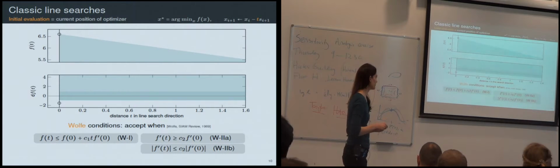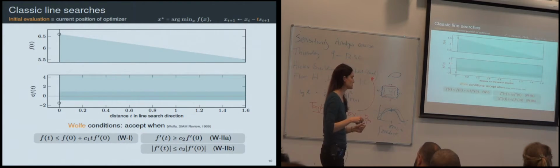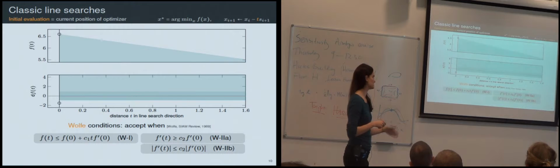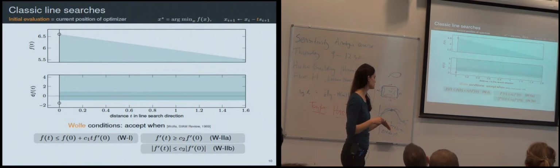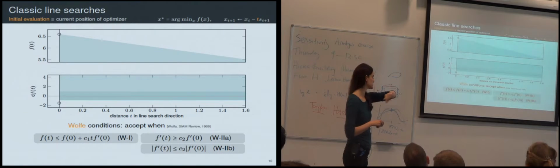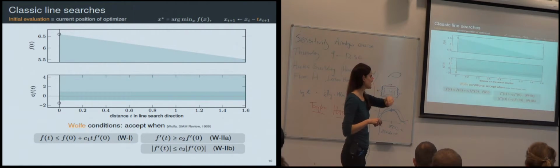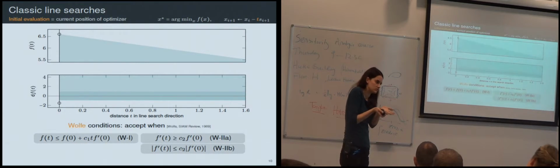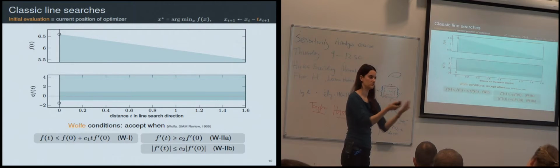And acceptable is encoded in the Wolfe conditions. They've been around for a very long time. The first Wolfe condition makes sure that your function value decreases at least a bit. And the second Wolfe condition makes sure that your gradient gets flatter. So you want to get into a region where you decrease the loss and where your gradient gets a bit smaller. So that makes sense.